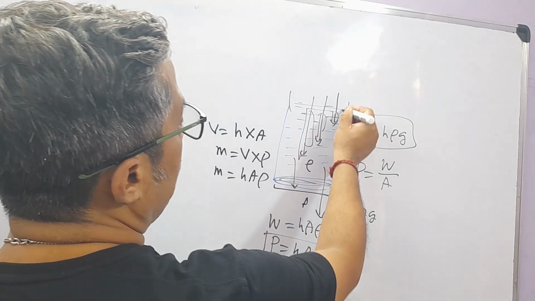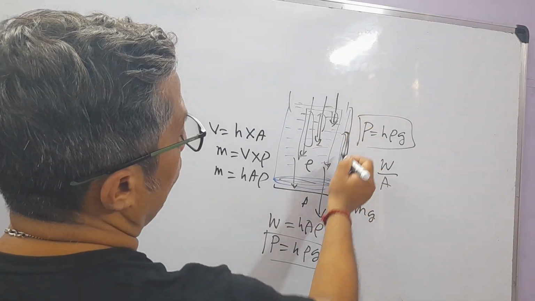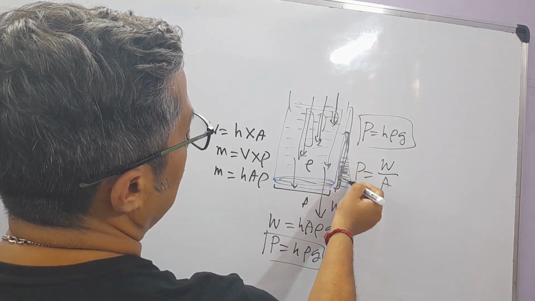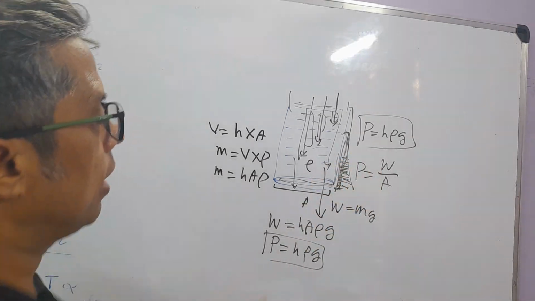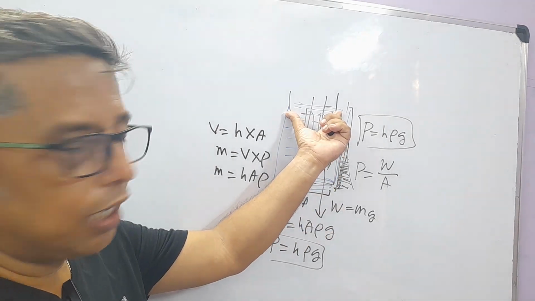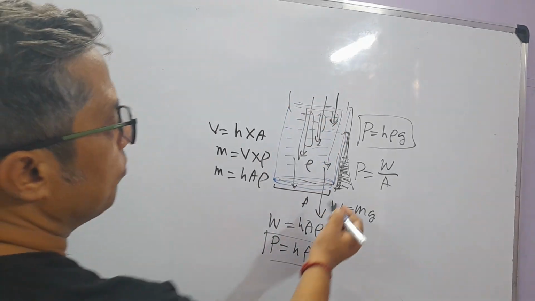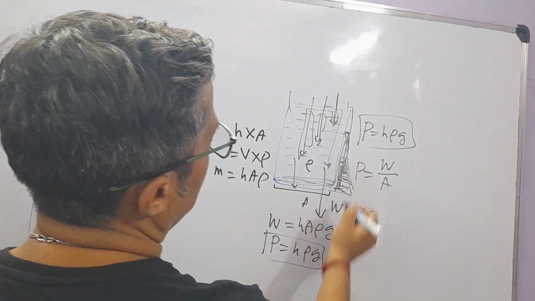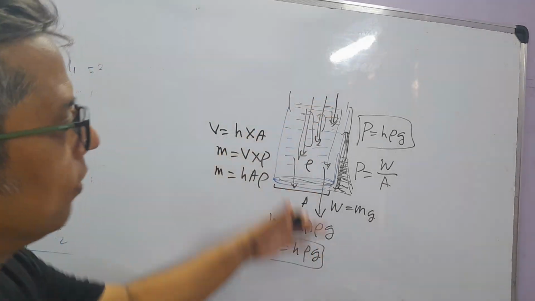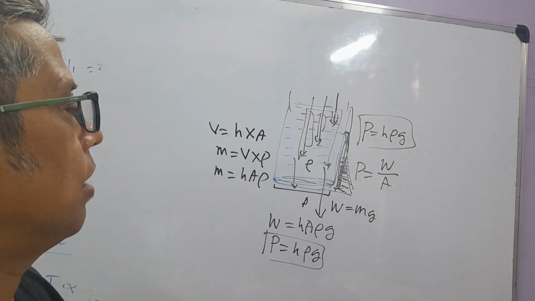That's why in any dam, the bottom has a thick wall, because at this zone the pressure is very high compared with this zone. So this is how you can calculate the pressure of a liquid. Liquid column means the height of the liquid in any water container. So this is about liquid pressure.